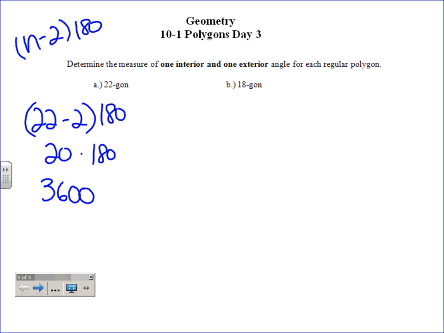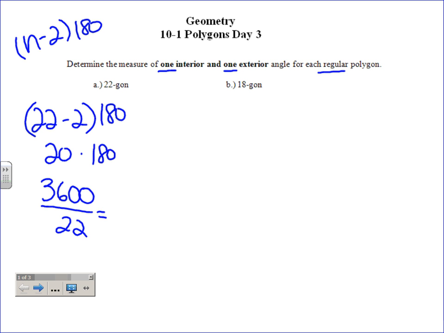Is that the answer to the question? No, because the question says one interior and one exterior. That's all of the interior, all 22 angles added up. If I want just one, and it's a regular polygon, can we agree all 22 better be the same number? Then all we have to do is take this total and divide it by 22.